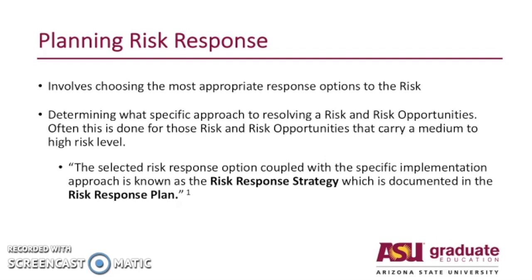Once you've determined the right approach and selected a risk response option, you couple that option with a specific implementation approach as part of the project, and then you start developing what's known as a risk response strategy. When you document all of that information together, the strategy and its approaches, then you put together a risk response plan as well. All of these things are key when we're talking about planning our risk response to various risks and risk opportunities as part of projects.